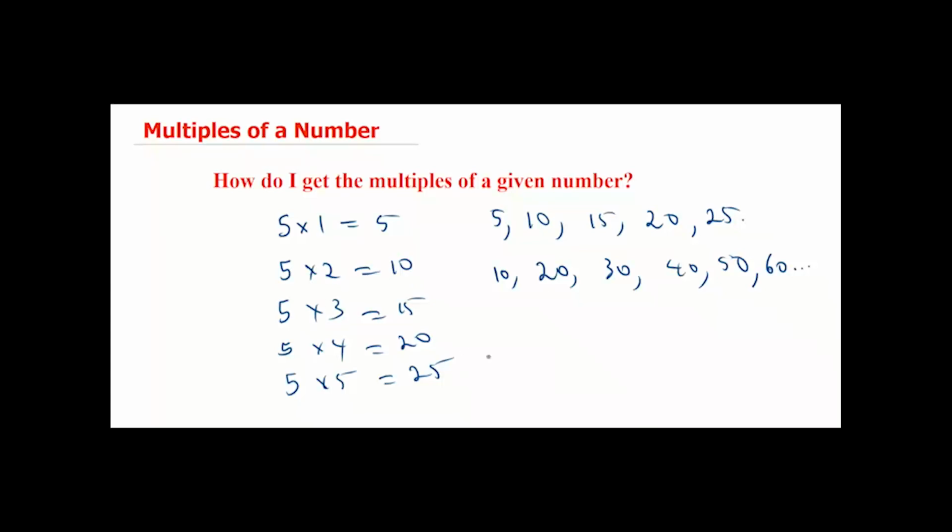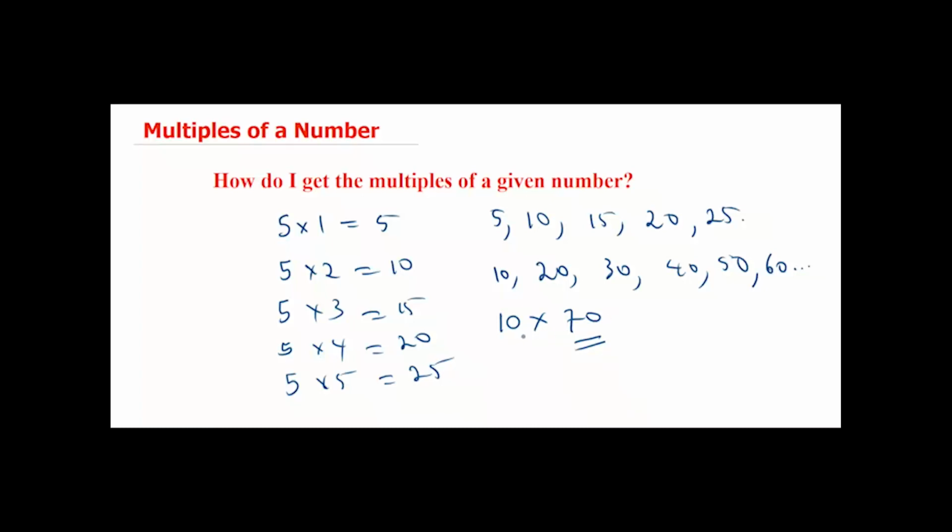Why? If you are asked to get the multiple at a specific position, let's say I want to get the 70th multiple of 10, instead of me counting in tens up to 70, I can easily say 10 times that position. The position is 70, and I want the 70th multiple of 10.